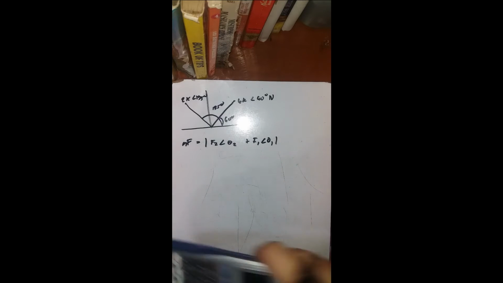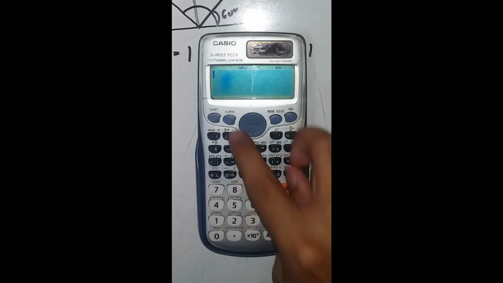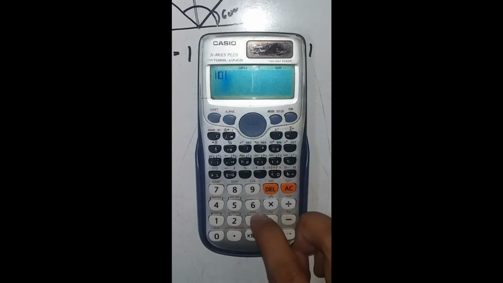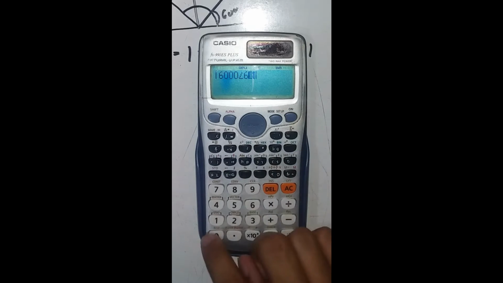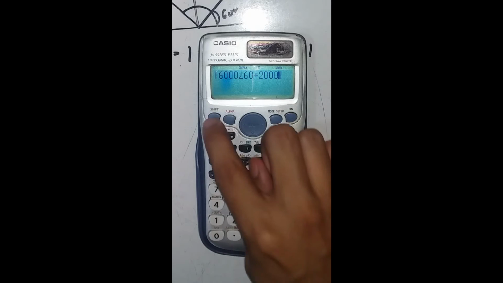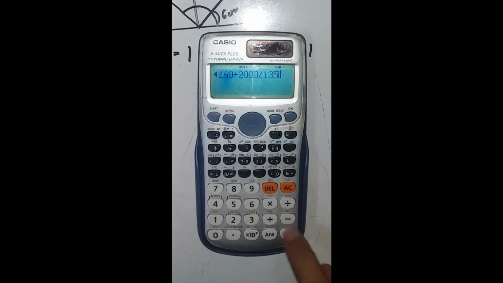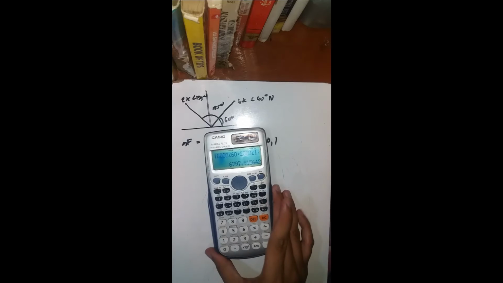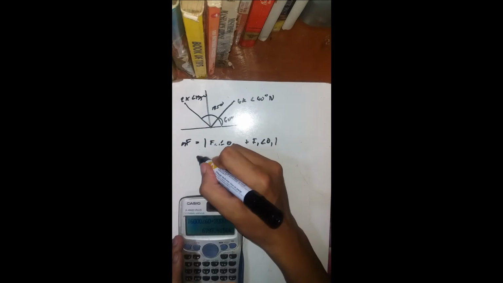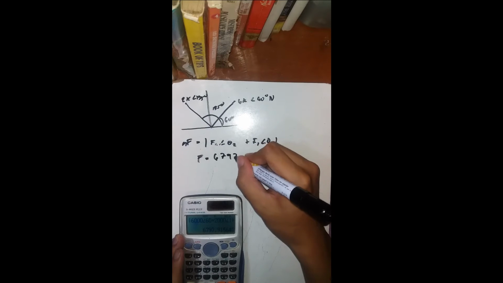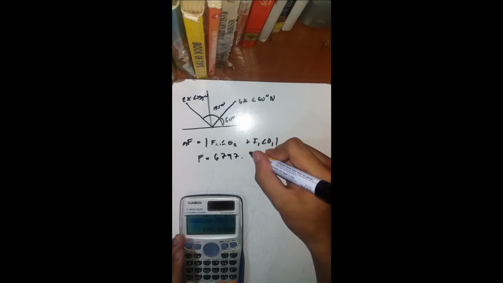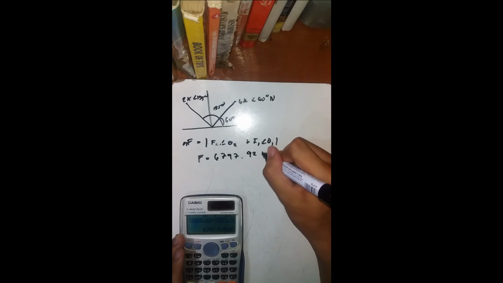Using the calculator, we put the absolute value of your force 2, let's say 6,000 angle 60 plus 2,000 angle 135, and this will give you your force, which is 6,797.92 newtons.